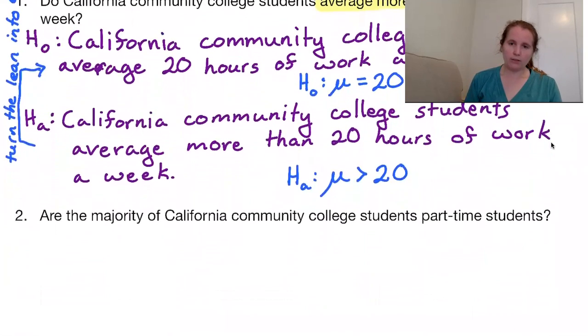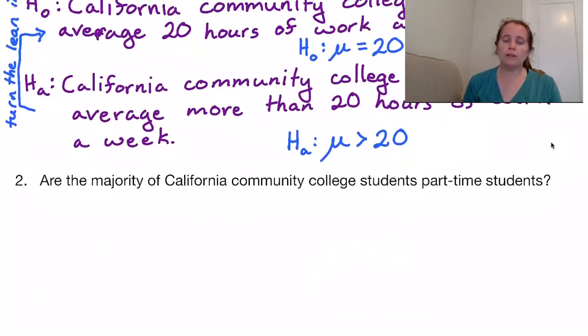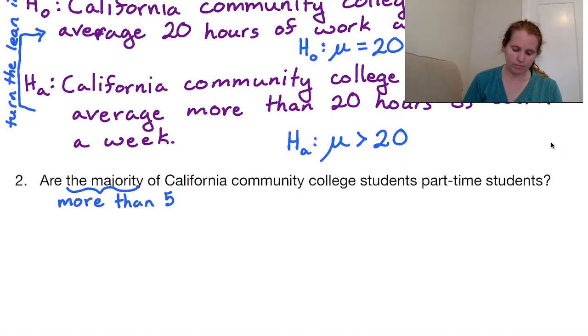All right, for this next problem, are the majority of California community college students part-time students? So again, just something to remember, the majority means more than 50%. When we do this in words, we don't need to worry about that.